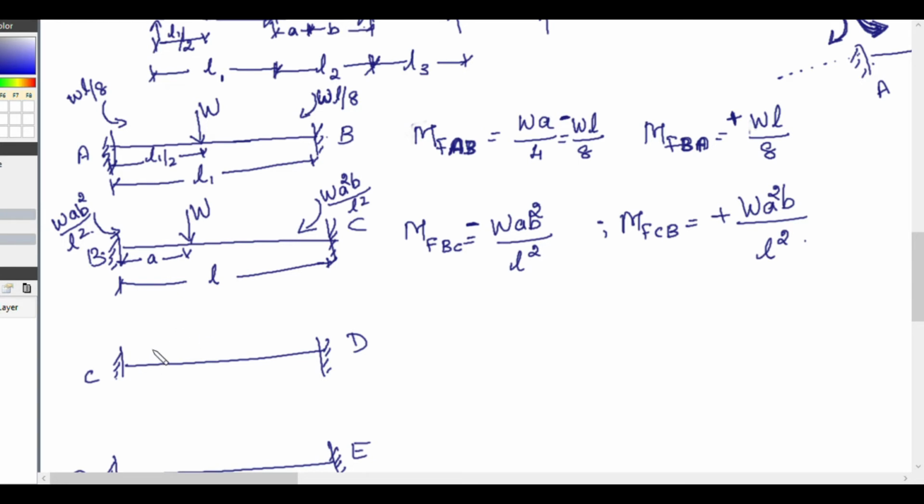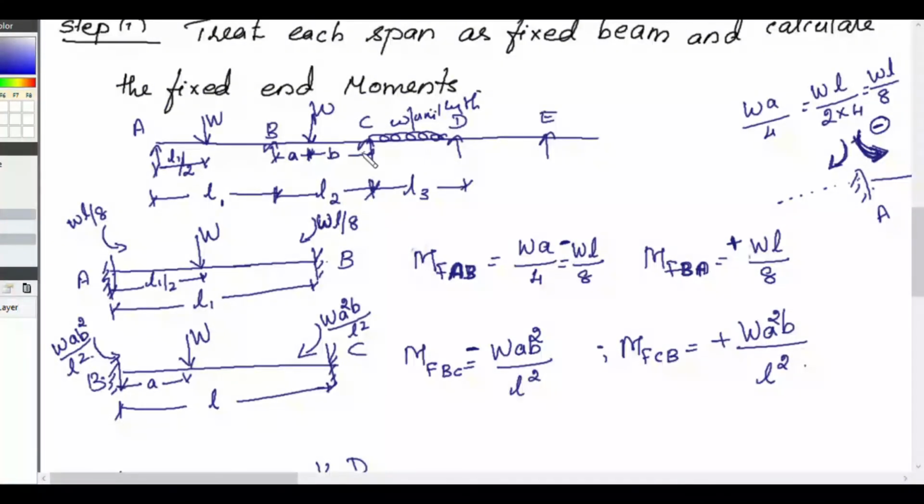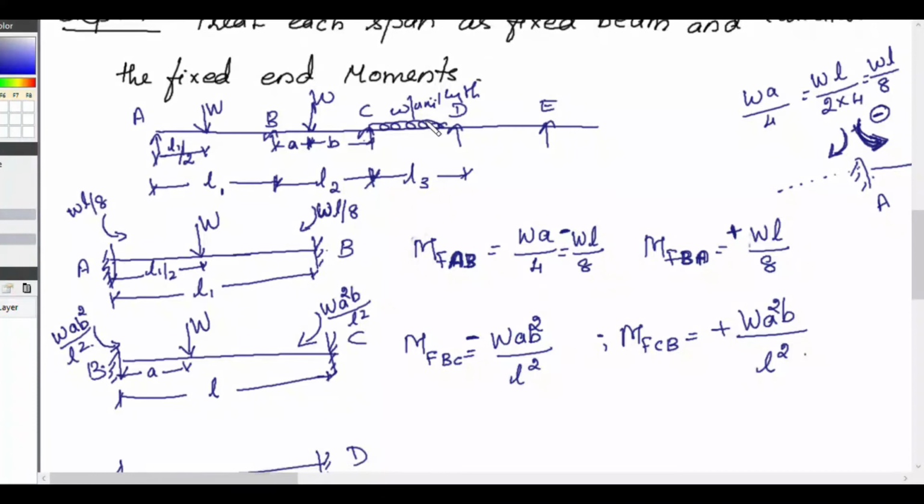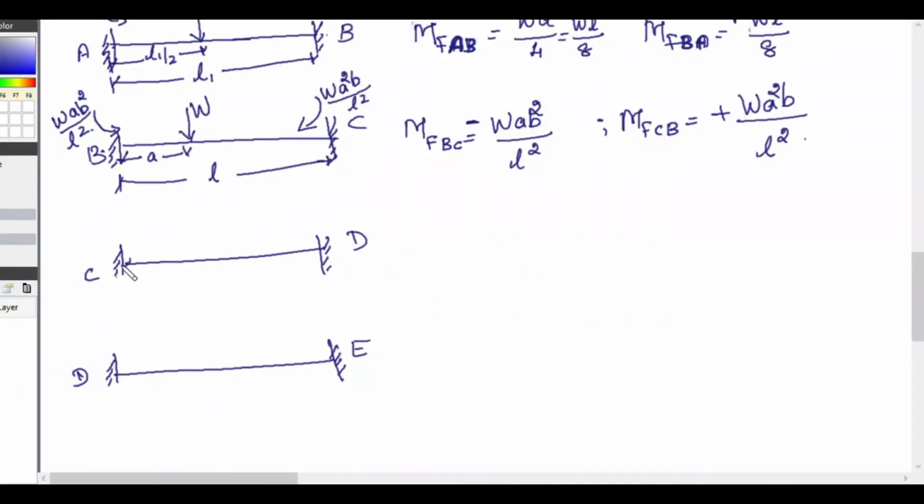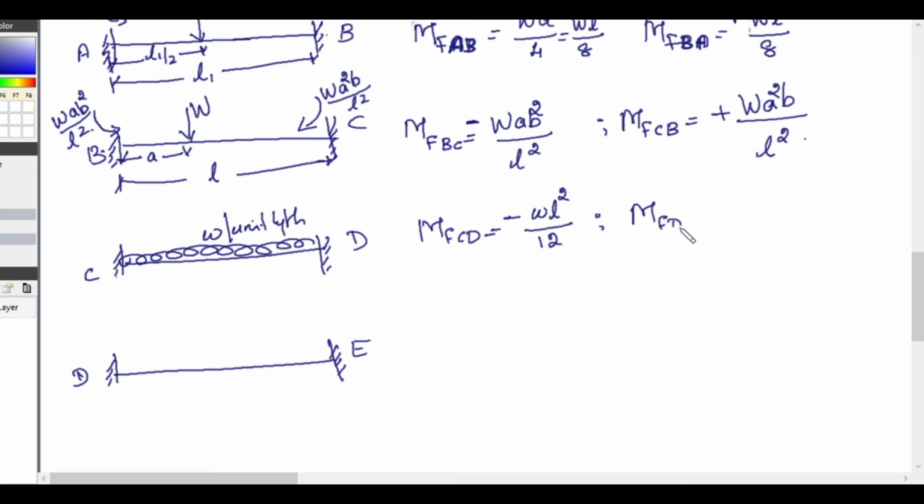Now for the span CD, it is a UDL of WO per unit length. So our MF CD will be equal to minus WL square by 12 and MF DC will be equal to plus WL square by 12.